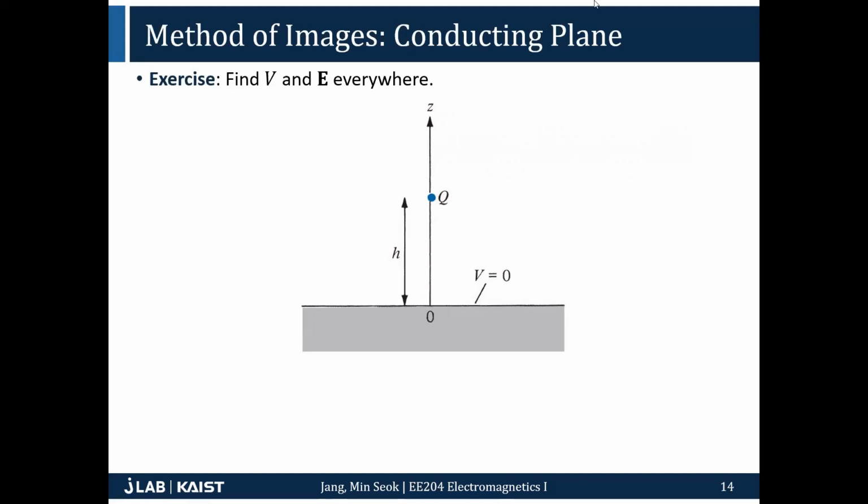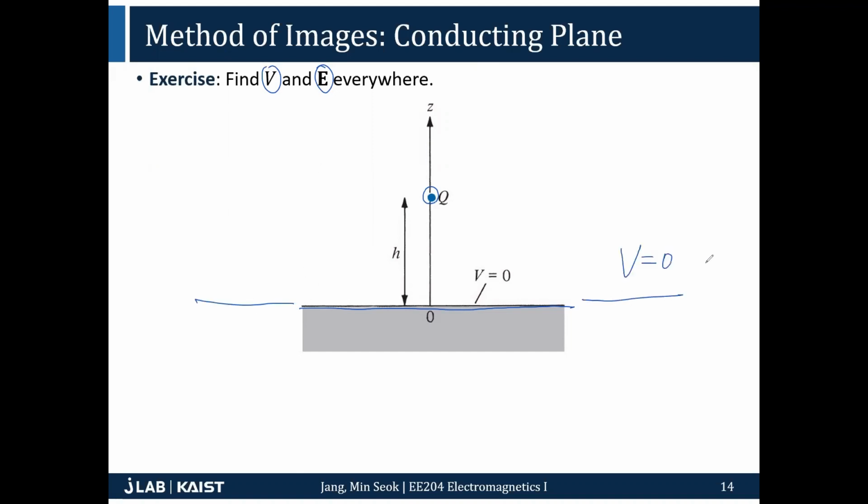So the problem is like this. You have a charge here. You have a conducting plane here. And then find V and E everywhere. So that's the question. Find V and E everywhere. So here, what's the boundary condition? The boundary condition is this.